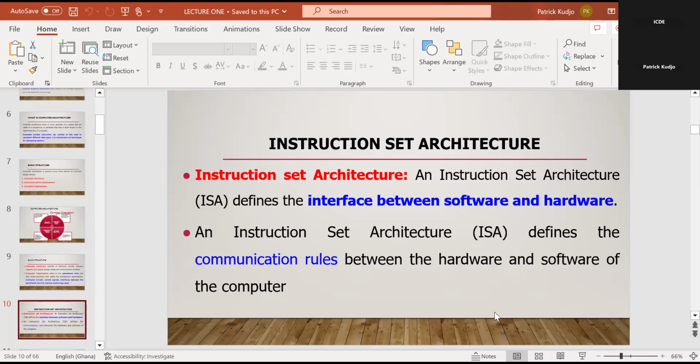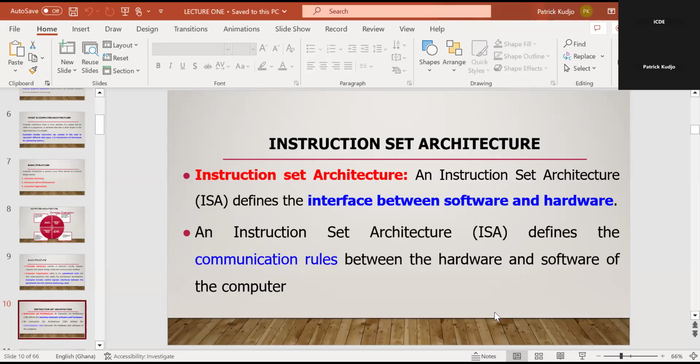So the operating system makes it possible for you and I, who are the users, to interface with the computer system. So an instruction set architecture defines the interface between the software and the hardware.